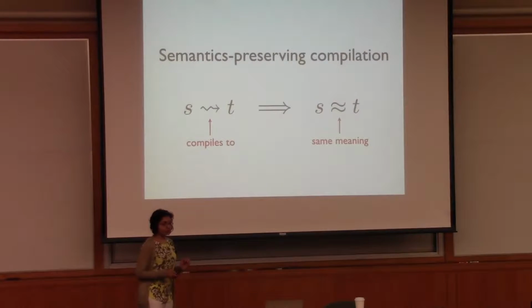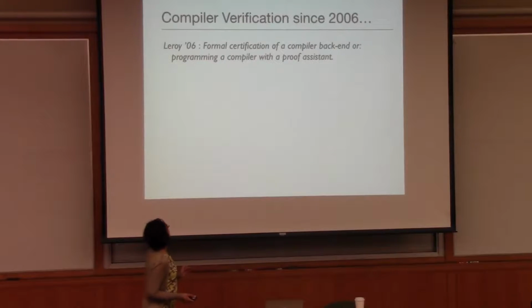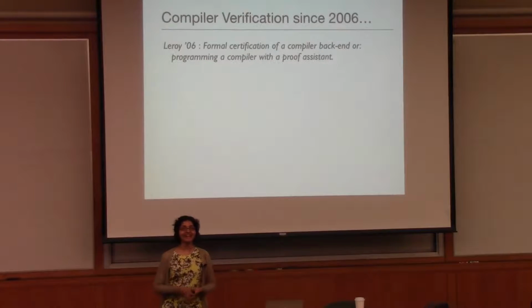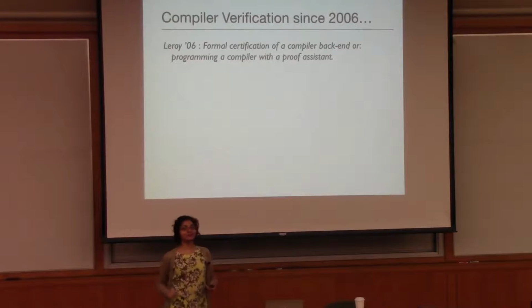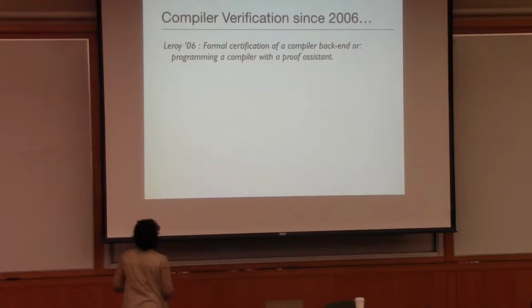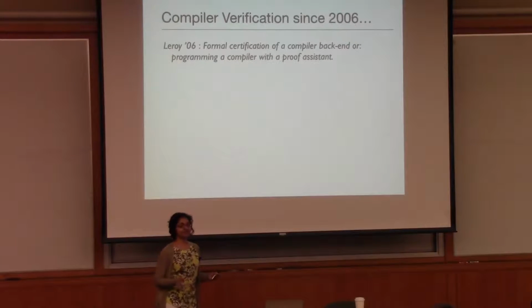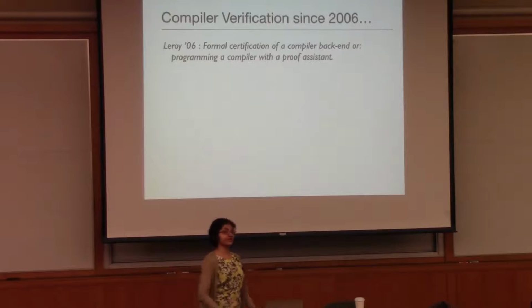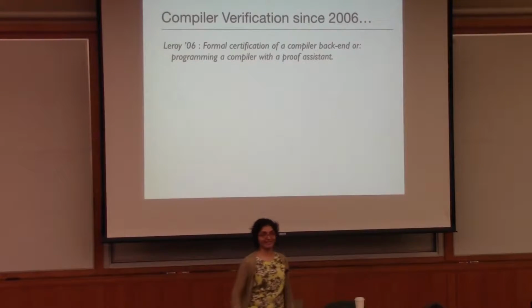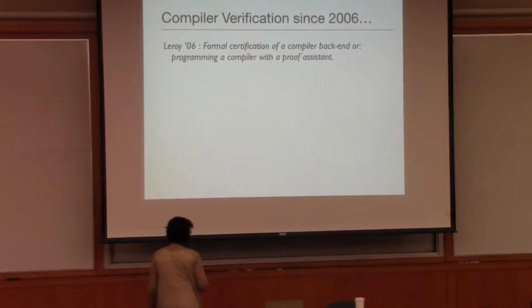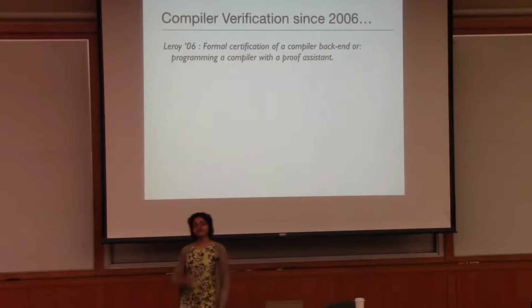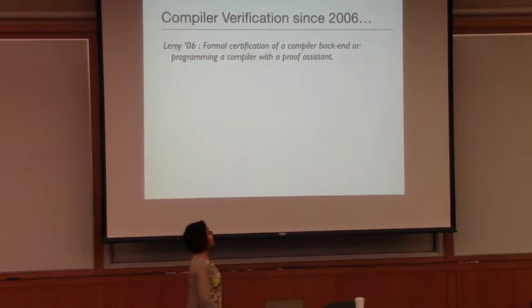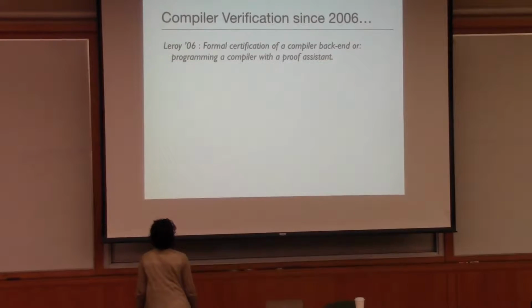Okay, so how many people know about CompCert? All right, okay. Let me tell you about CompCert for those who don't. Compiler verification is a topic that's been worked on for more than 40 years now. It's not since 2006, as this slide says. On and off, there have been major projects that have tackled compiler verification. But in 2006, the CompCert paper came out, Xavier's paper at OPLSS, formal certification of a compiler backend, or programming a compiler with a proof assistant.